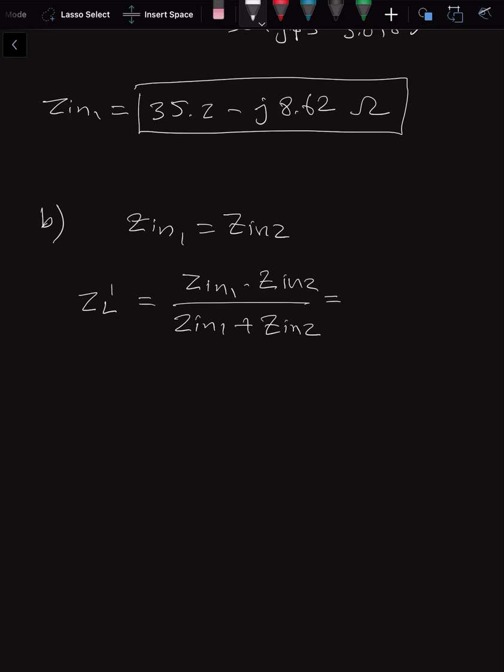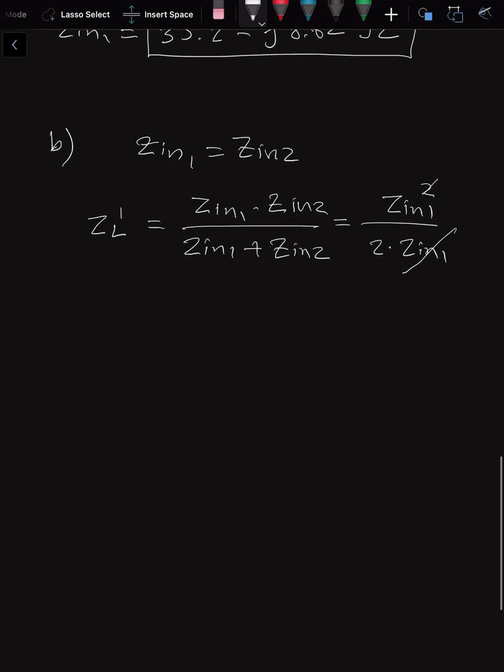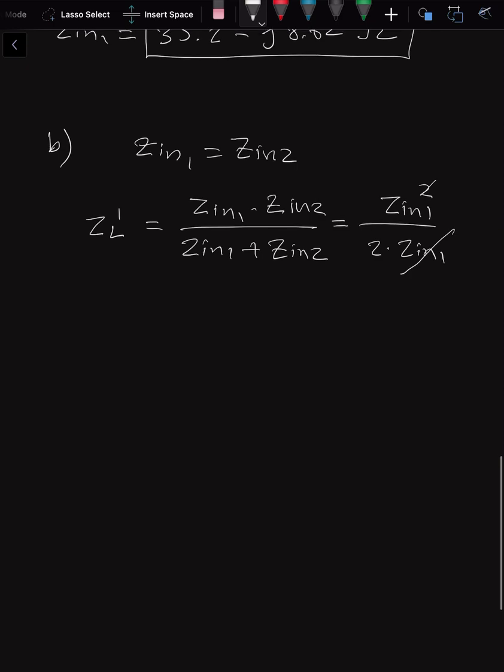Since Zin1 and Zin2 are the same, we have Zin1 squared over 2 times Zin1. Cancel this with this one, and we will have ZL prime equals Zin1 over 2.